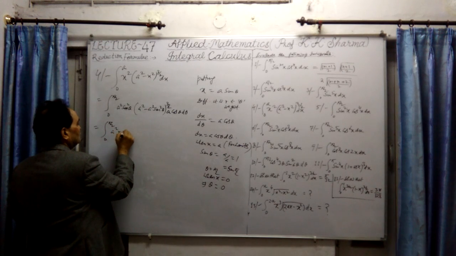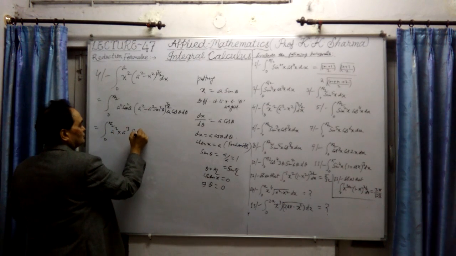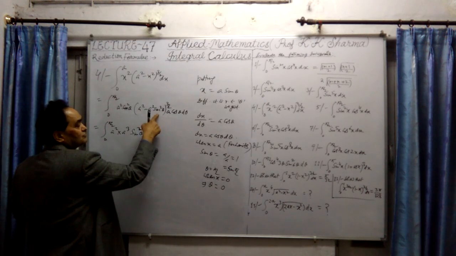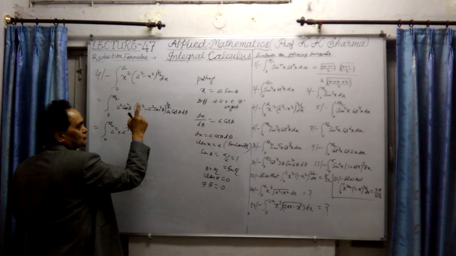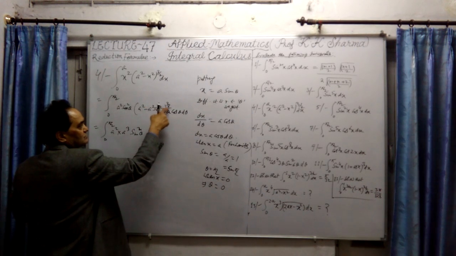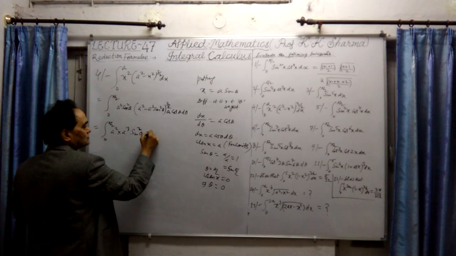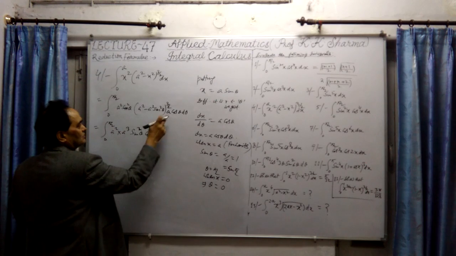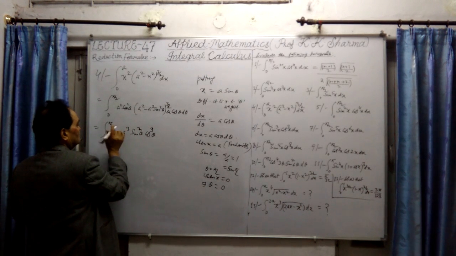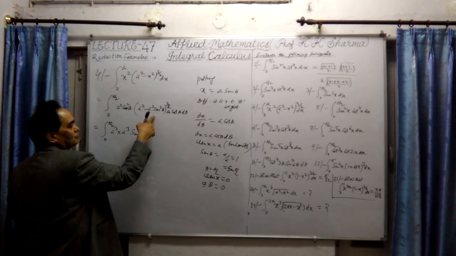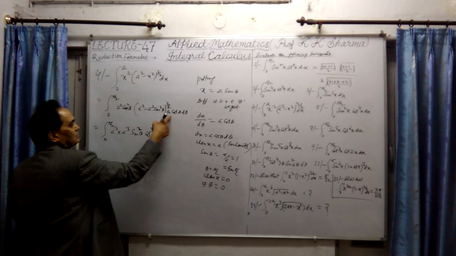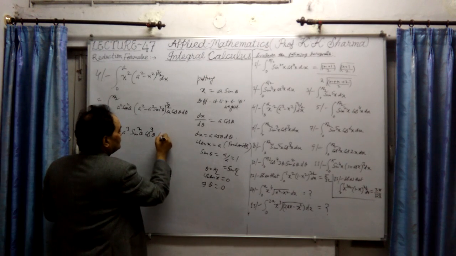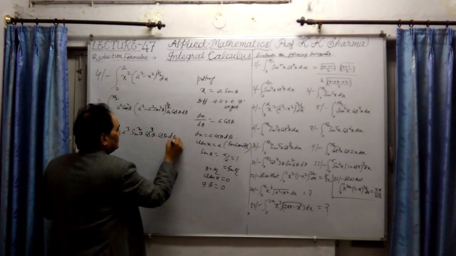It will be a square into a sin square theta. From the bracket we will get cos square theta, because 1 minus sin square is cos square theta. Cos square with the power 3 upon 2, cos cube theta into cos theta. Also a from dx is here. a cube from bracket and a square, and a, it is a^6. Now into cos, one more cos here, into d theta.